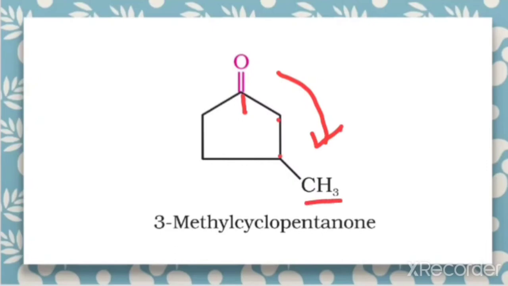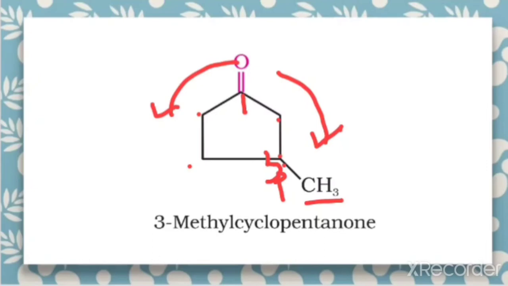So the substituent will be on the third position. But if we start counting in the anti-clockwise direction, then this one is the second carbon, third carbon, fourth carbon. So now we get the fourth carbon for the substituent methyl group.